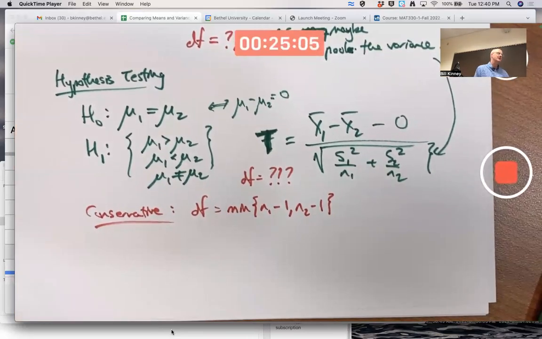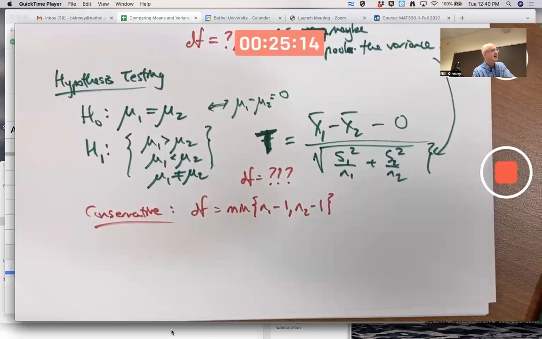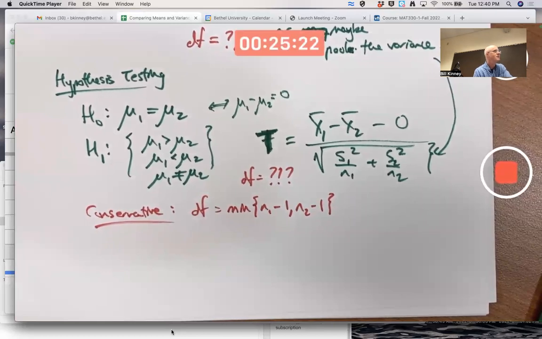That's not in our textbook. Our textbook doesn't advocate for that. But I have seen it in a couple other textbooks, as just a simple thing to do that does play conservative; that tends to give you a smaller DF than the other methods do.